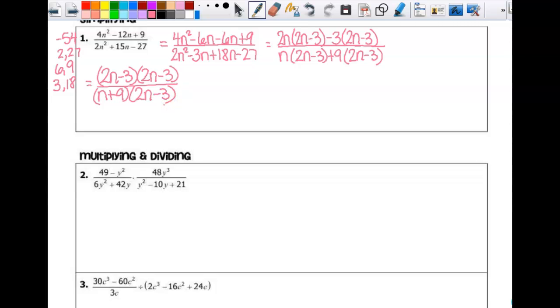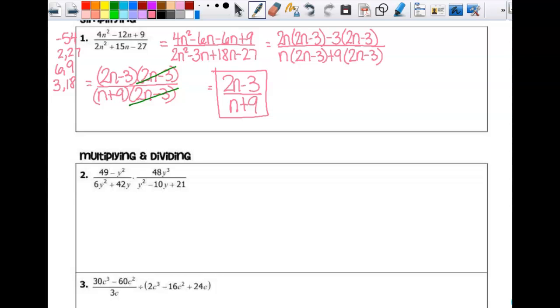Now you can reduce because you will be undoing multiplication with division. I can cancel those out there, and that leaves me with 2n minus 3 over n plus 9. What questions do you have? Good?